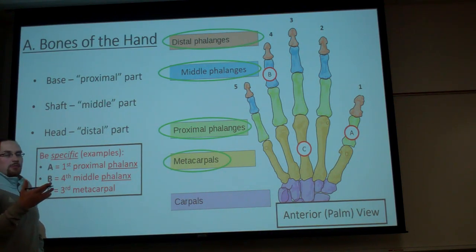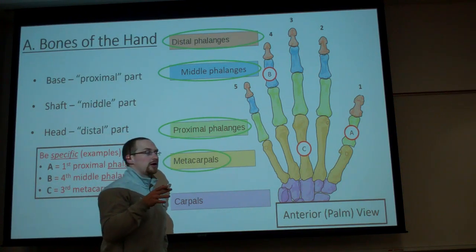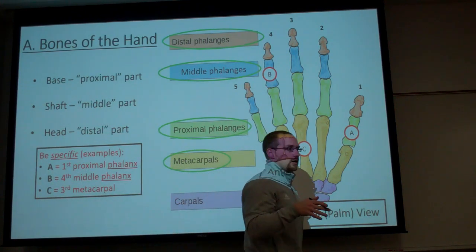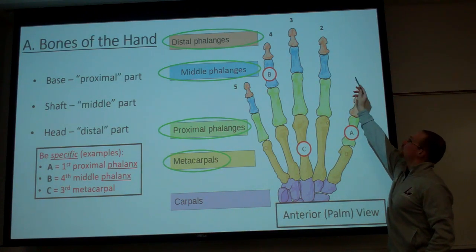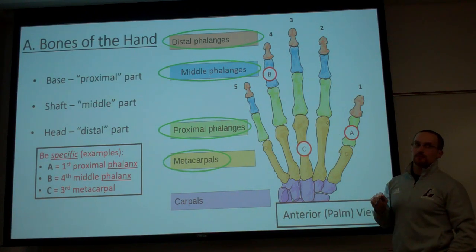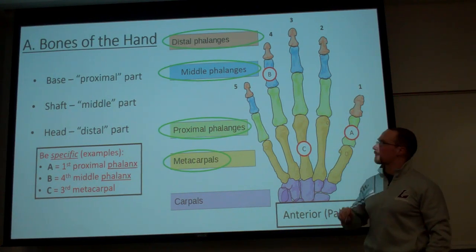When we label these bones, you need to be very specific about where it's labeled. The way we do that is with a numbering system: 1, 2, 3, 4, and 5. 1 starts at the thumb, 5 goes to your pinky finger.